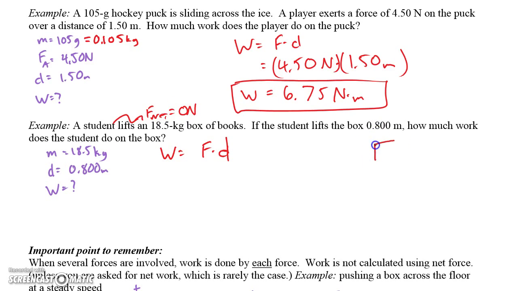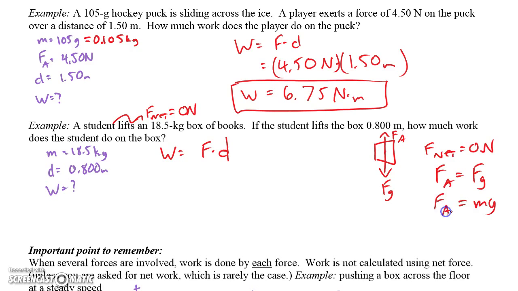So if we think about drawing a free body diagram, we've got an FG going down and FA that is lifting the books up. And we know that if F net is equal to 0 newtons, then that means FA has to equal FG. And we know FG is equal to mg, so we end up with FA is equal to mg.